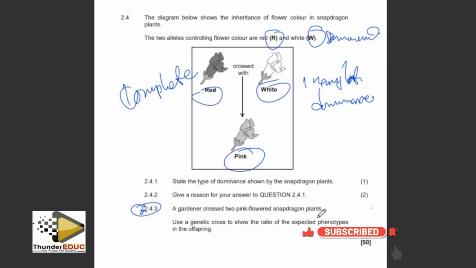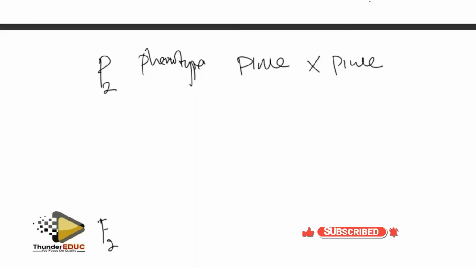It is always obtained from there. So it means that I've got a tick here, a tick there, and also a tick there.